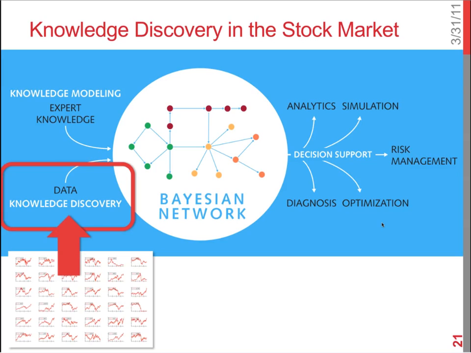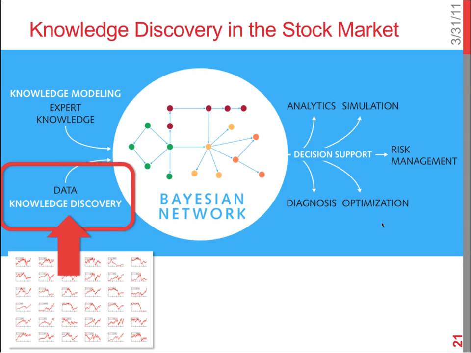The Bayesian network then becomes our new representation of the knowledge that's contained in the system. So it's a new form of knowledge representation that can then serve us for decision support and analytics. We can, in this case, of course, use it for investment decisions, and so on.